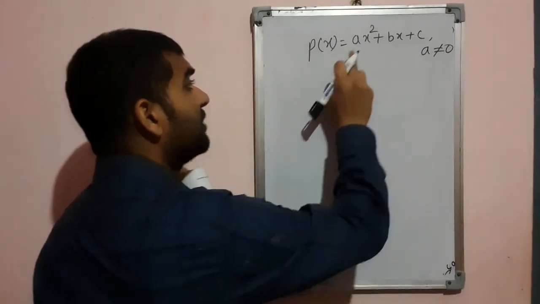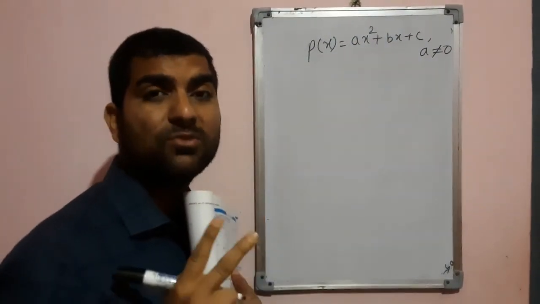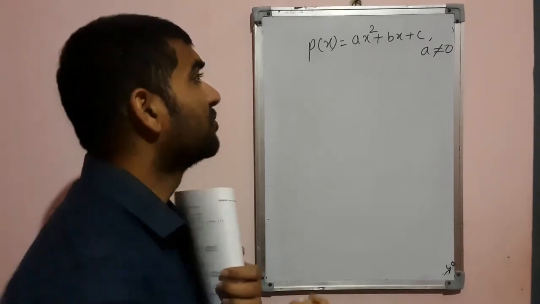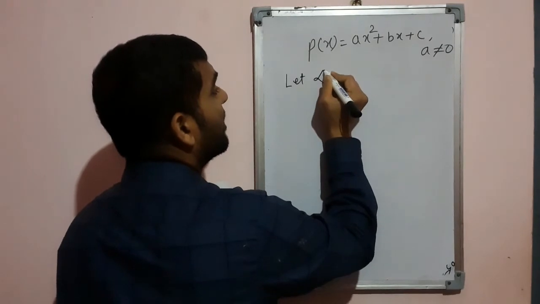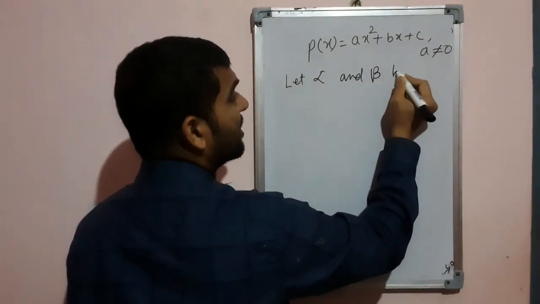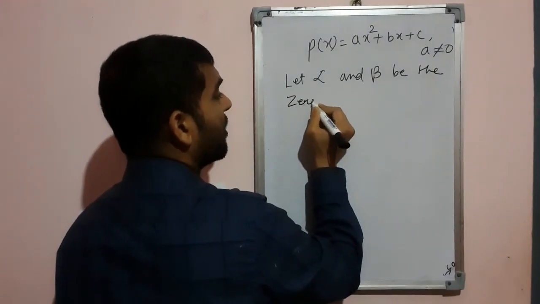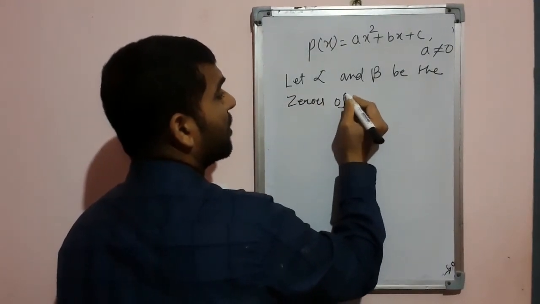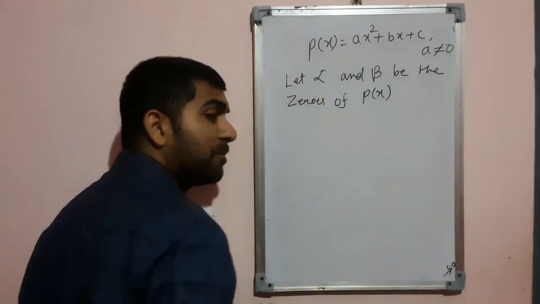Now suppose the power is 2, which means how many zeros? 2 zeros will be there, two solutions of this equation. So let alpha and beta be the zeros of the quadratic polynomial px.